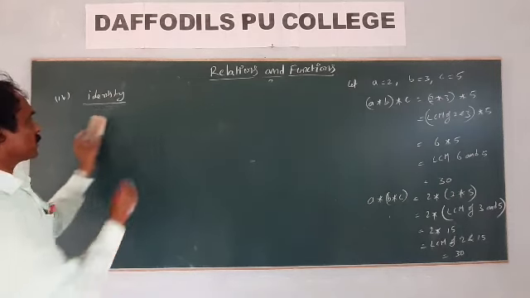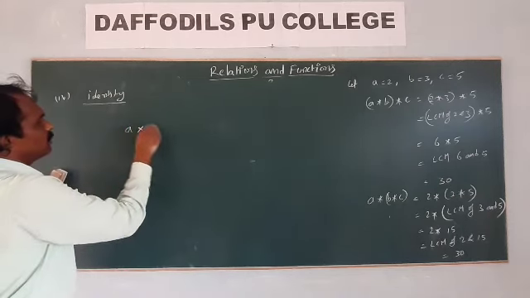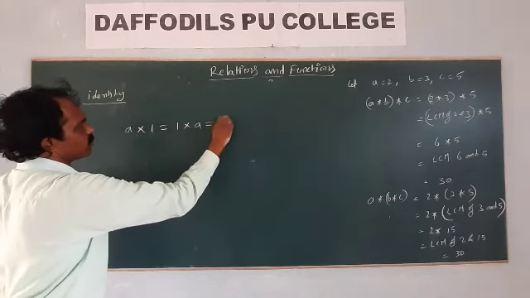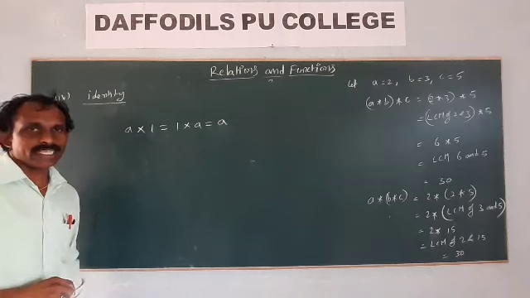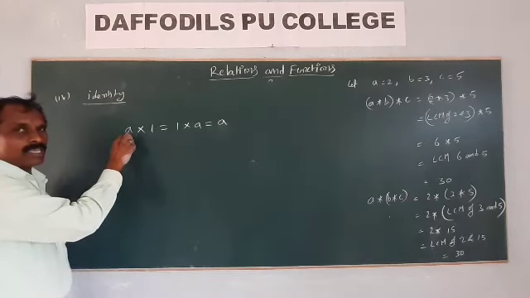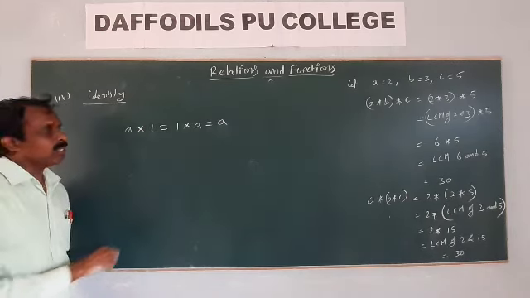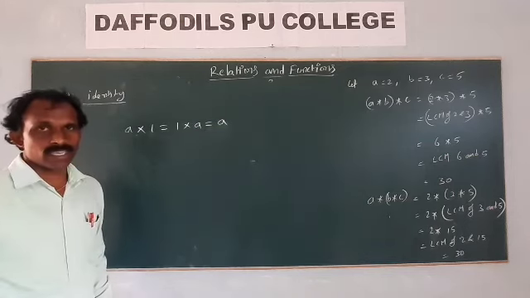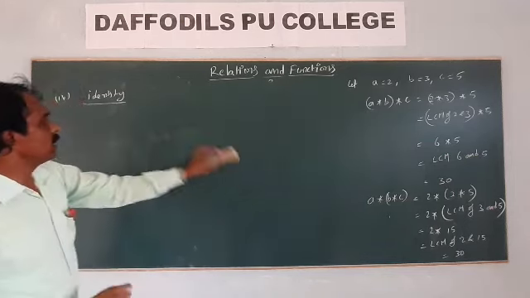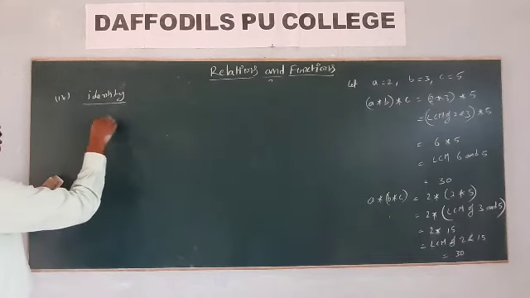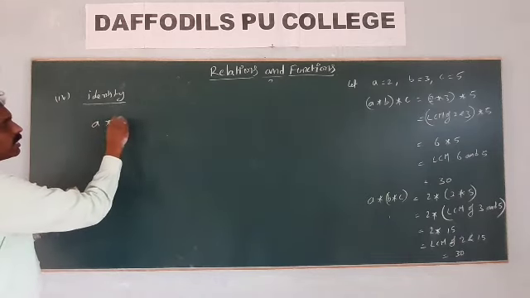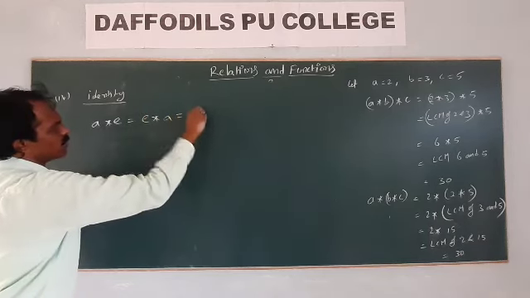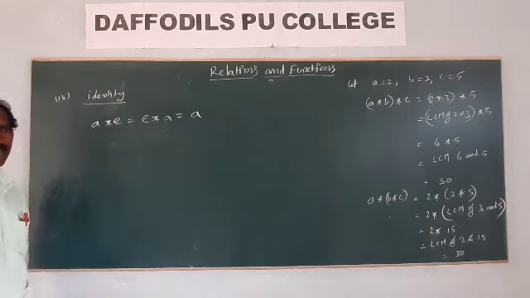Okay. For multiplication, A into 1 is equal to 1 into A is equal to A. Here 1 is the identity element. For A multiplied with 1, A into 1 is equal to 1 into A is equal to A. So like that, the identity element E satisfies A star E is equal to E star A is equal to A. Clear?